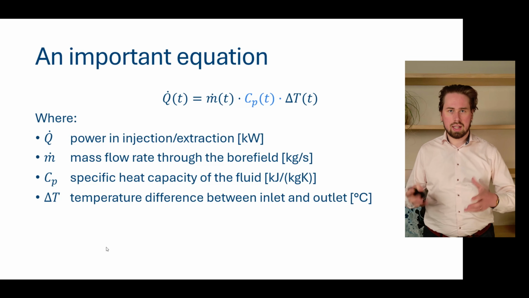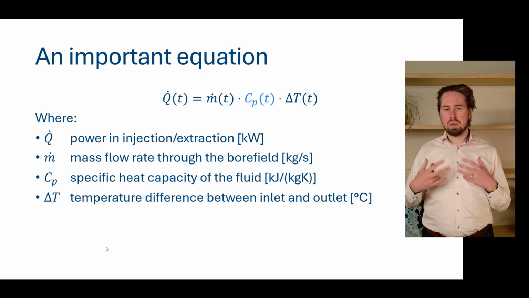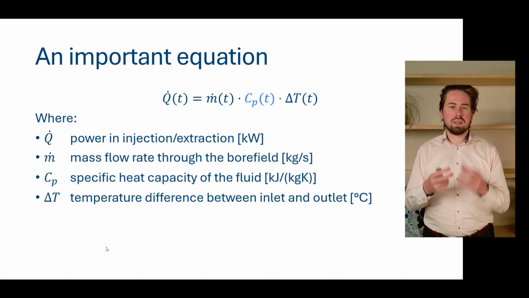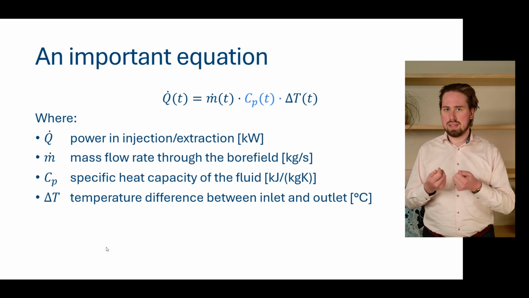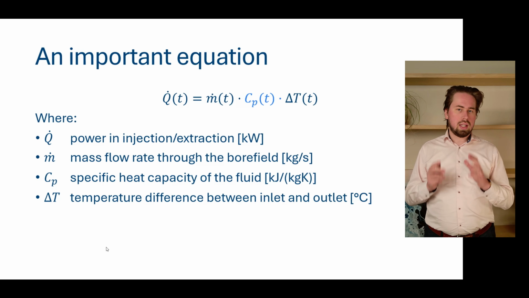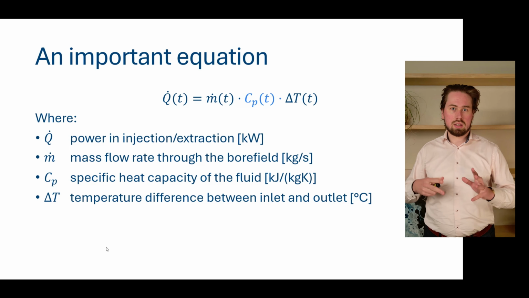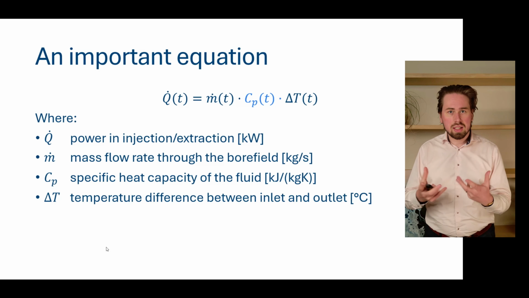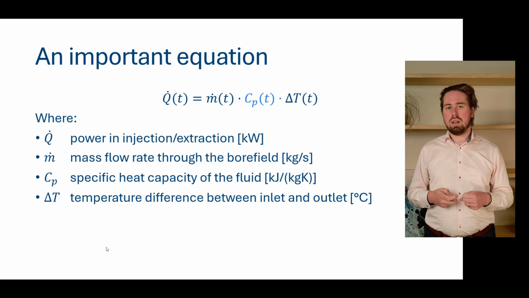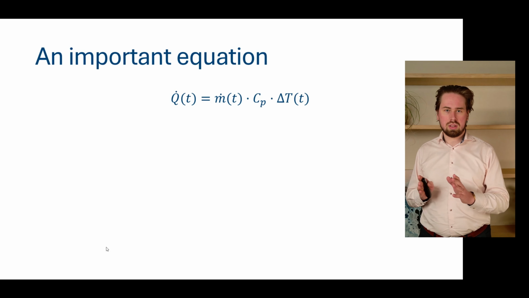Once we decide which heat transfer fluid and which percentage of it we want to use, we have no influence on what the specific heat capacity will be at every hour. It's a given. So let's not talk about that for this moment, because it's not something we can change at this time of the design as a designer. So let's assume it's constant.